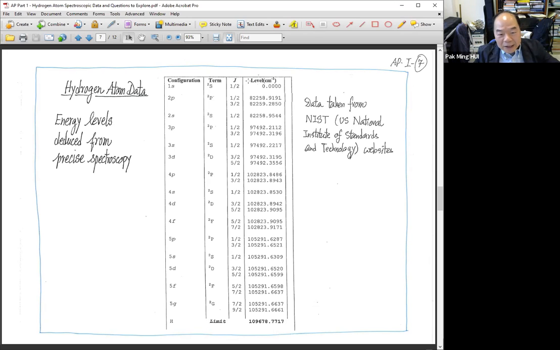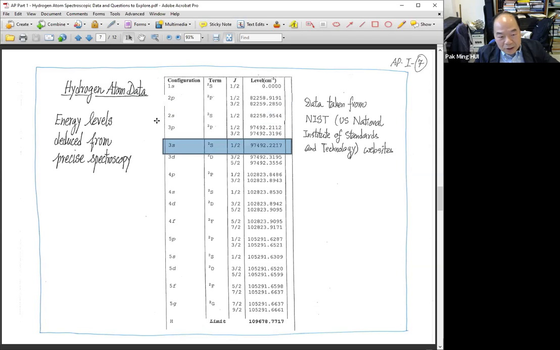So this is set as 0. 1s to 2s, there is a certain number. But then the strange thing is it goes to 2p, it's a different number, and not only 1 number, but 2 numbers. So in Schrödinger, all this n equals 2 has only 1 energy, minus 13.6 eV. In data, there are 3 numbers.